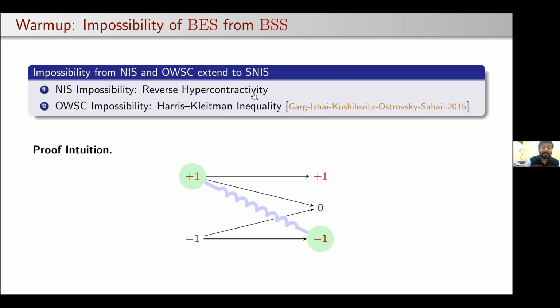So reverse hypercontractivity is a technical tool that proves such results, and the Harris-Kleitman inequality is also such a technique that helps prove similar results for downward closed sets. Okay, and downward closed sets naturally occur in cryptographic notions because in cryptography, erasure of information is insecure, that is not allowed. So the notion of downward closed sets arises naturally in this context.